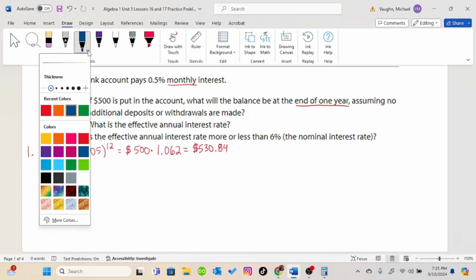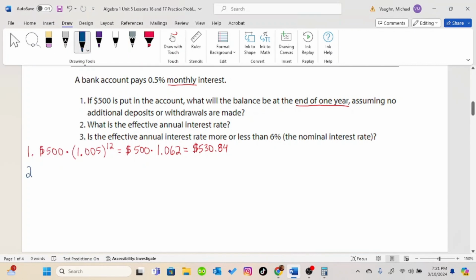Number 2. What is the effective annual interest rate? So the effective annual interest rate is referring to the monthly 1.005 done 12 times. And we said that this equaled approximately 1.062.